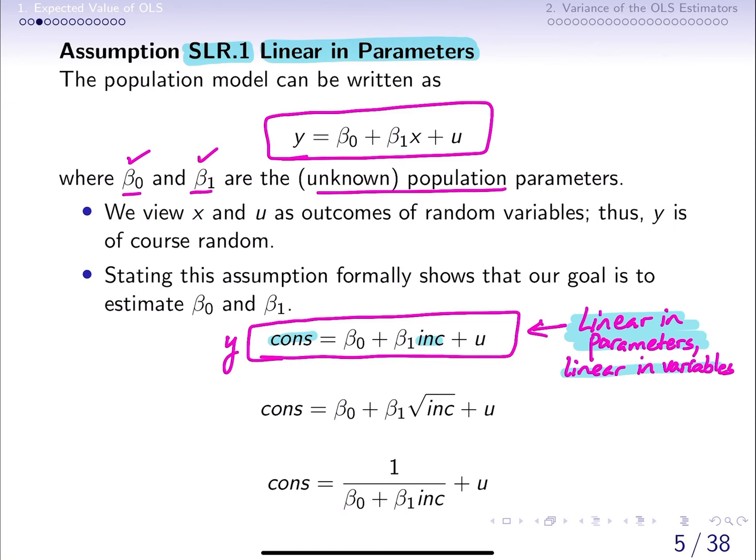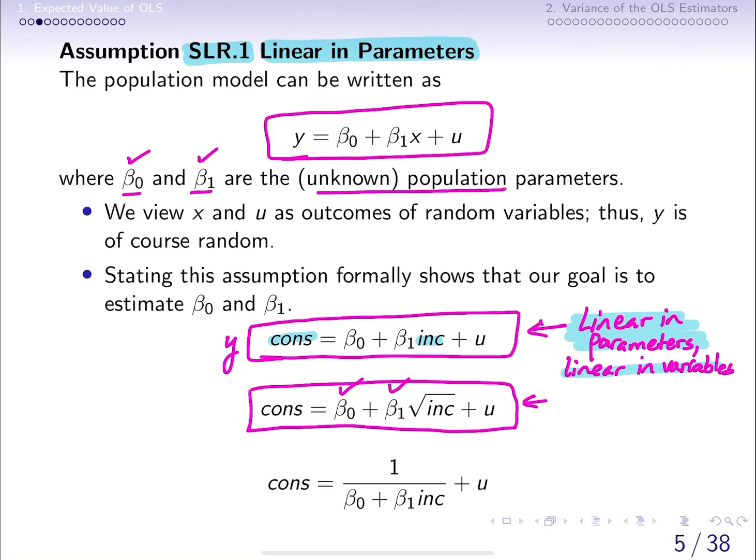But it would be easier to understand if we took a nonlinear example of it, right? So let's take a look at this example right here. This equation tells us that, again, beta naught and beta 1 are parameters that can be written out. We can write out beta naught and beta 1 in terms of y and x, right? This is x now. X has changed. So this is still linear in parameters, but this is nonlinear in variables, right?